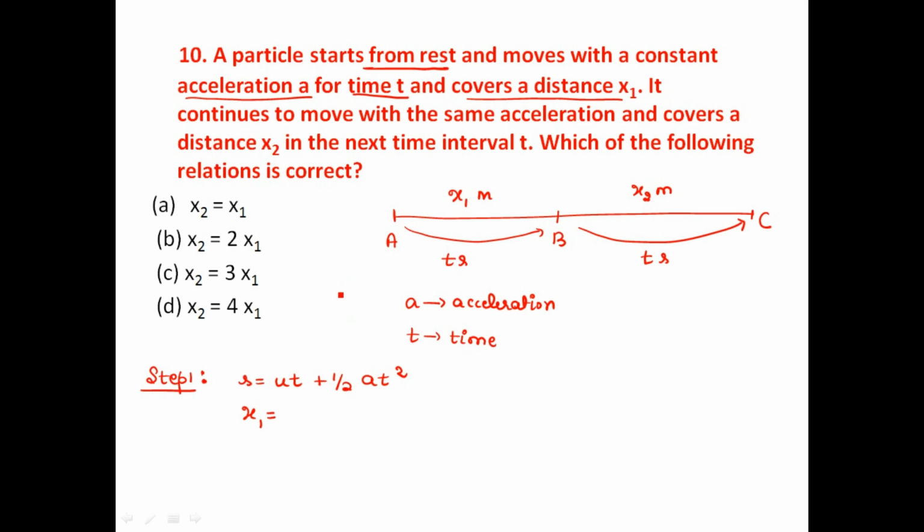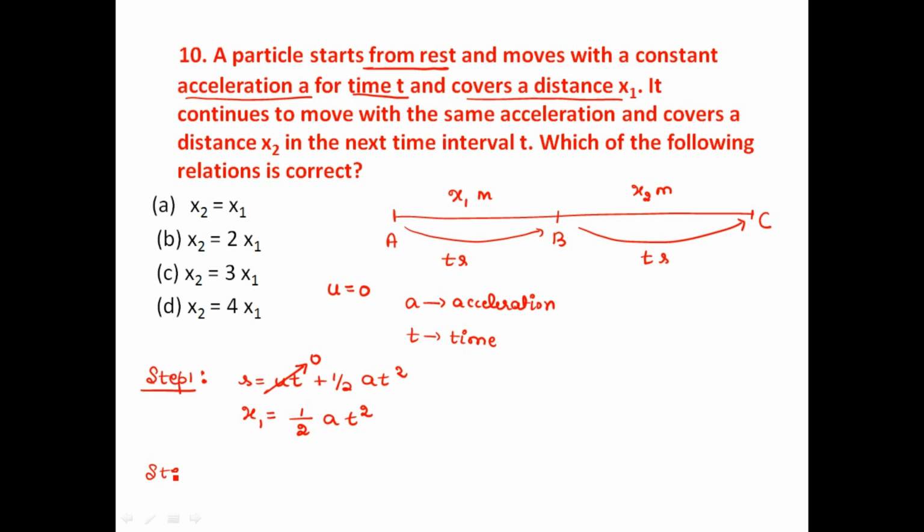The object is at rest, which means its initial velocity should be equal to 0. Clearly the first term becomes equal to 0. It is half at square, right? Since acceleration is a and time is t, we have the expression for distance traveled x1.